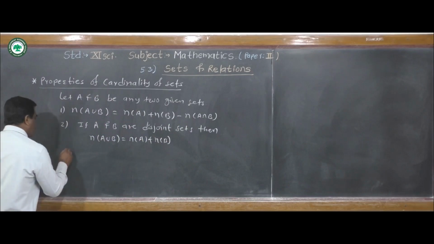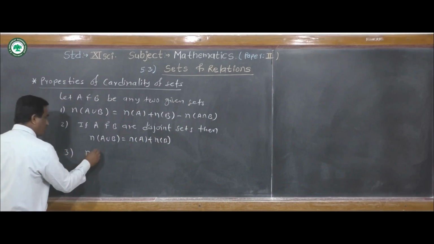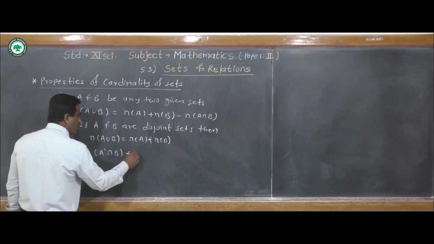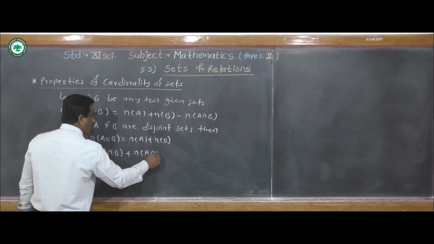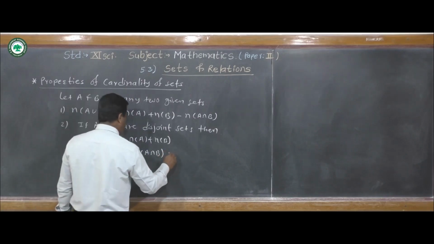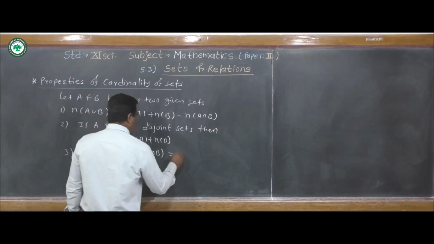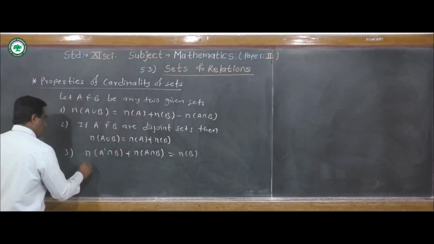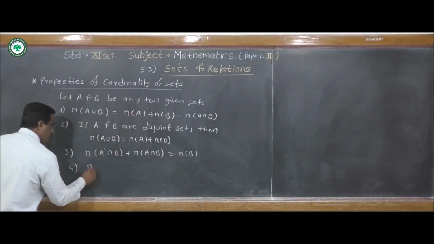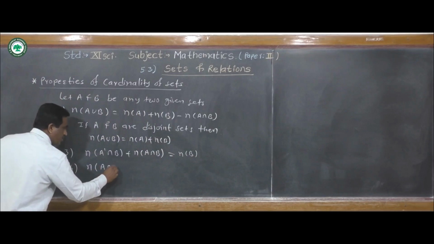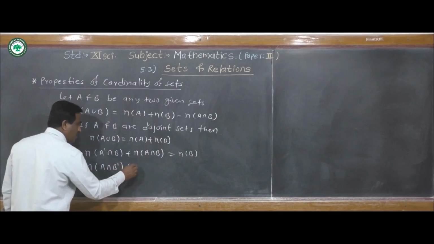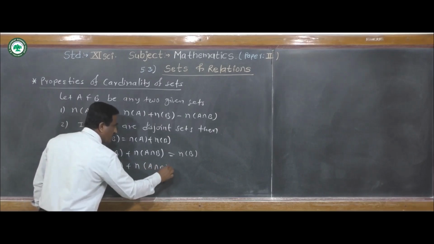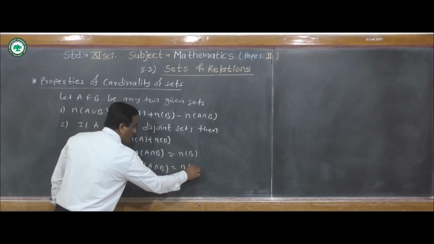Okay. Now third property is, n(A' intersection B) plus n(A intersection B) is equal to n(B). Fourth property, n(A intersection B') plus n(A intersection B) is equal to n(A).